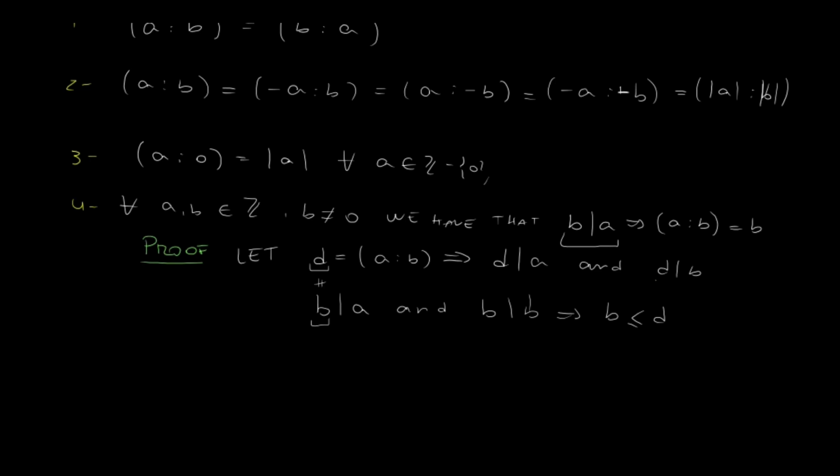But now d divides b. So here we know that d is smaller than or equal to b. And now, combining these two ideas, the only option we have is that b is equal to d. And d was the greatest common divisor, so b will be equal to the greatest common divisor between a and b.